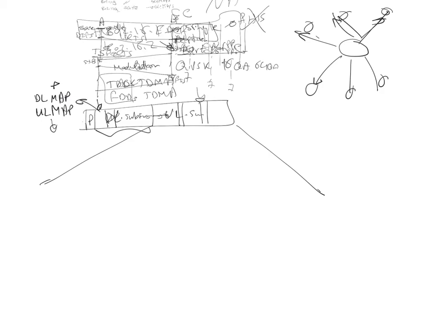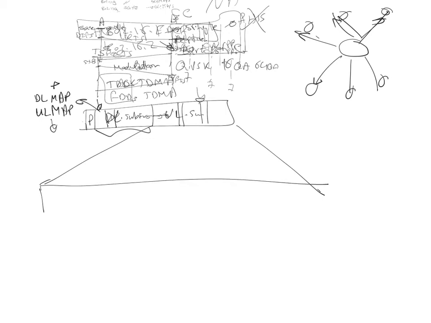Okay? This part of the question is solved? Okay? So the uplink and downlink map is clear. So now, in the uplink subframe, we can send information from any of the nodes to the base station.